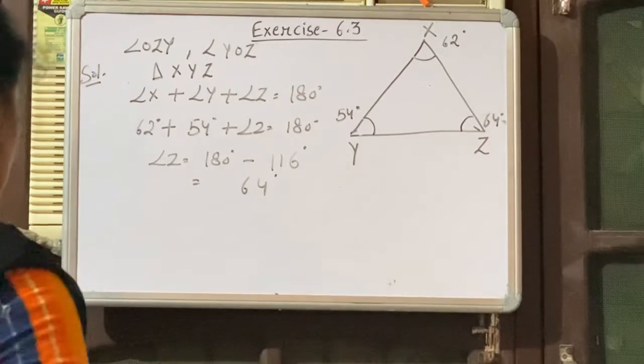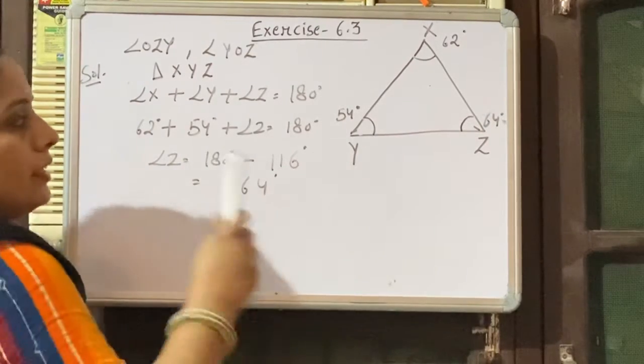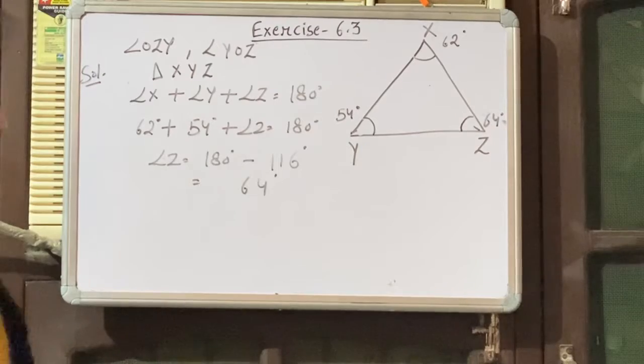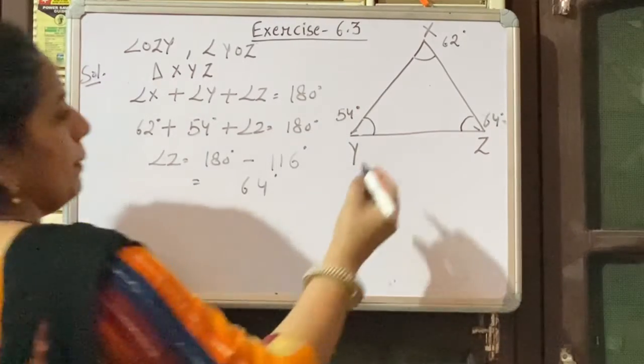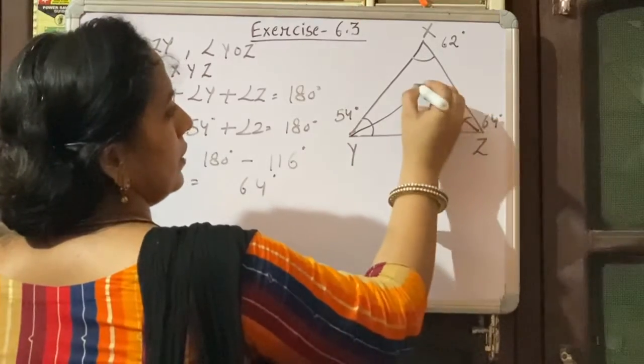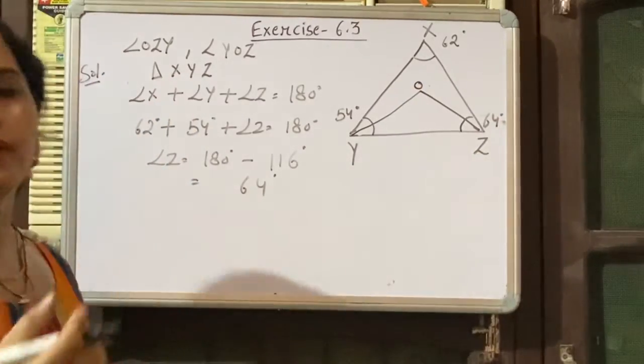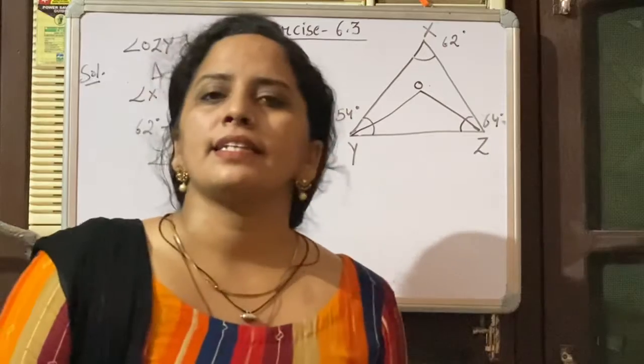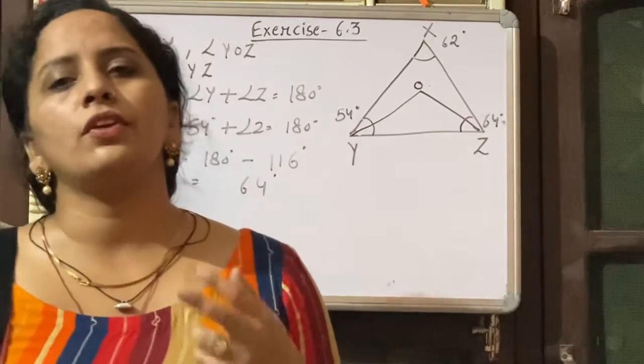Now come on the inner side triangle. In the middle of this figure there is also a triangle, which is formed by the bisector of these two angles. Bisector means a line which bisects an angle in two equal parts.